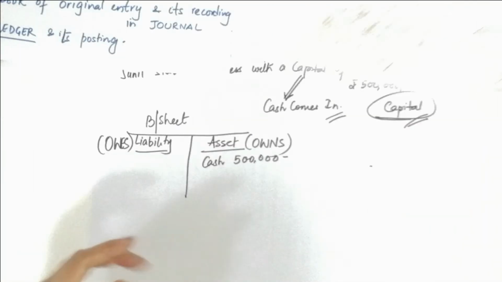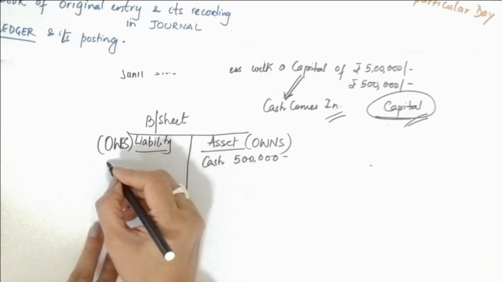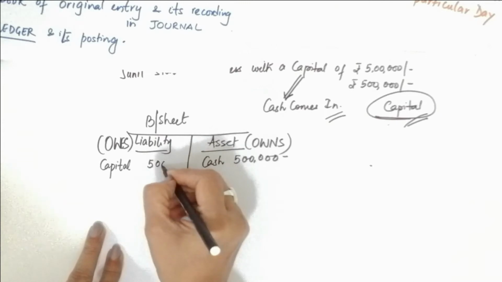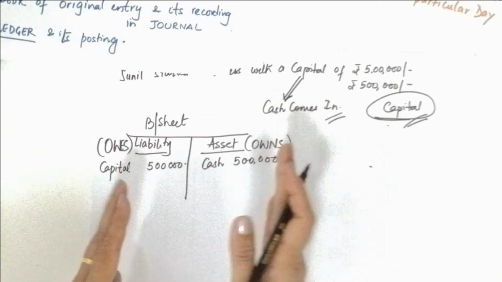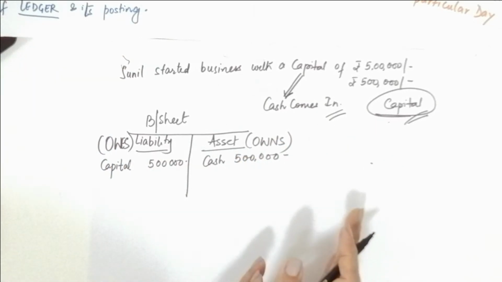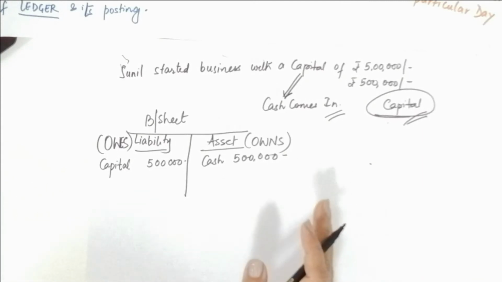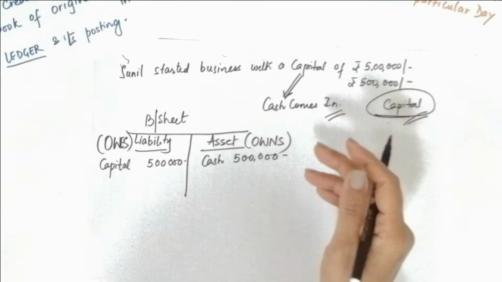So it is his claim. So this is the company, the firm owes. So here I will write capital 5 lakh. So always the balance sheet is in this form, just the beginning for you to understand. It's okay, we will be doing it in detail. So I just explained how it works, right? I hope you are clear on this now. Do you want me to take one more example? Okay, I'll take one more example on this.